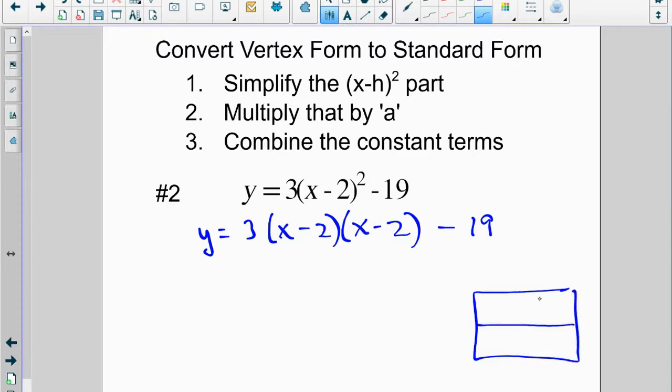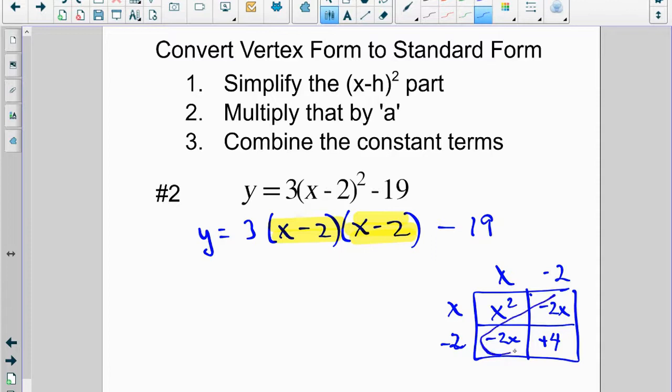So somewhere off to the side, I'm going to do my multiplication for x minus 2 times x minus 2. And I'm not going to worry about the 3 yet, that coefficient of 3. I'm just going to leave that there for now. All I'm trying to figure out is x minus 2 times x minus 2, just that much of it. So I know x times x is x squared, negative 2 times x is negative 2x, it happens twice, and then negative 2 times negative 2 is positive 4.